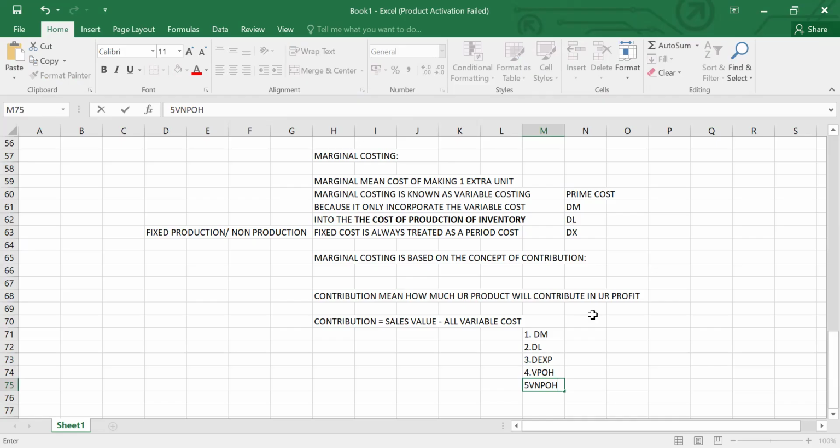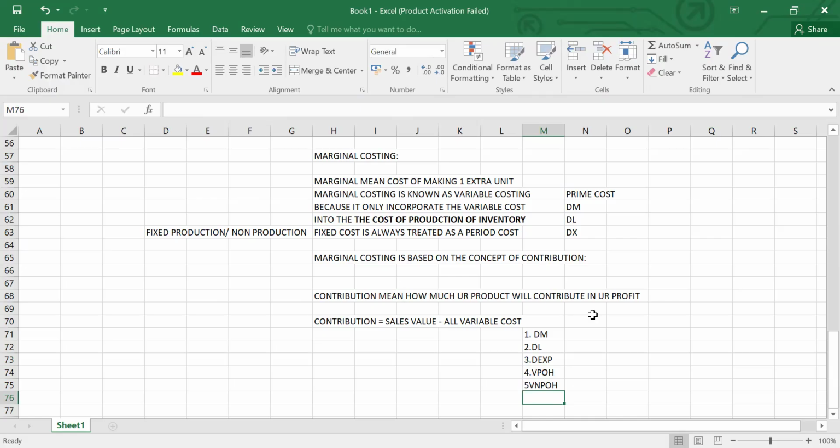Whenever they are given a question for calculating contribution, they do not deduct variable non-production overheads because they think non-production cost is not included in marginal costing. This is wrong.